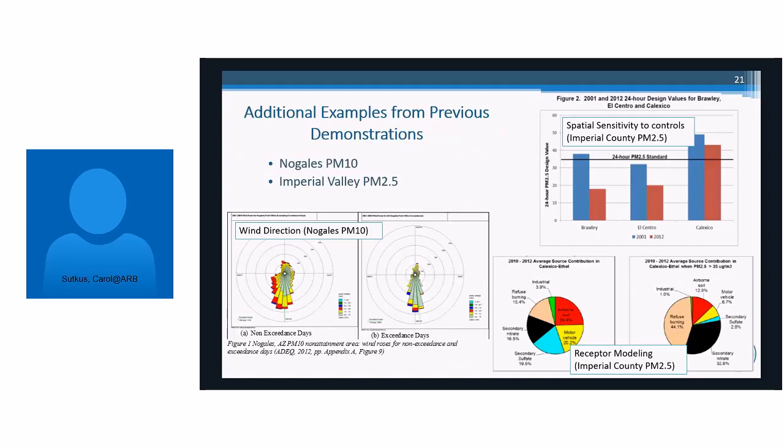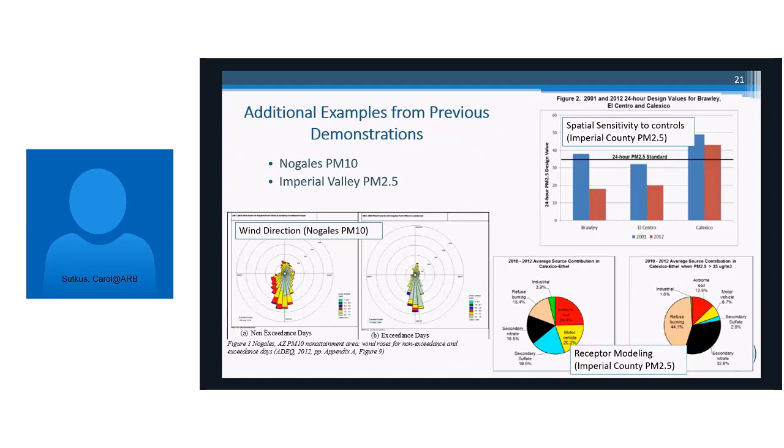international contribution. In the upper right, the bar plot that we're looking at there has 3 monitors, Brawley, El Centro, and Calexico, sorted by distance from the border, so Brawley being the furthest and Calexico being the nearest. And what they're showing us here is that the observations at Brawley in 2001 were fairly high, but in 2012 they had reduced pretty dramatically, and the same is true at the El Centro monitor.